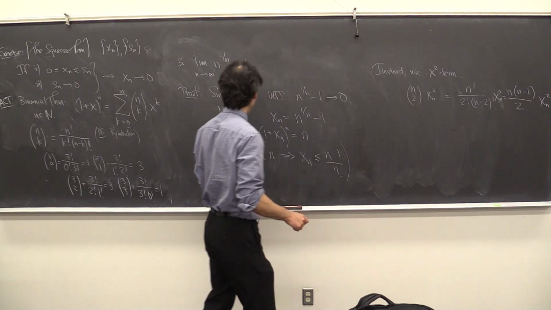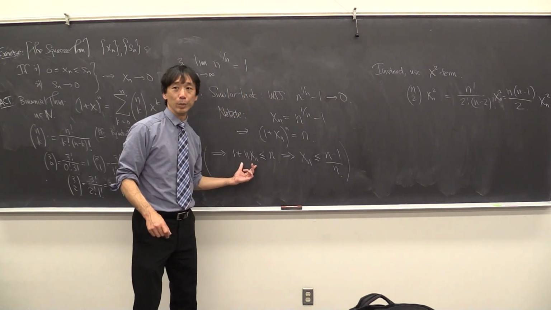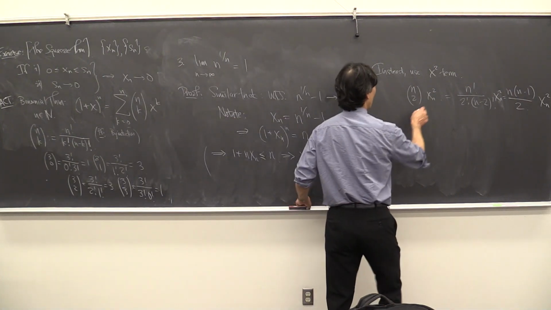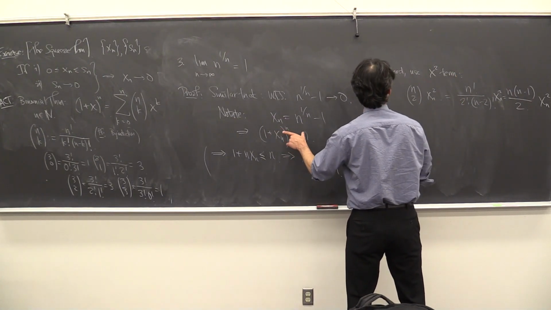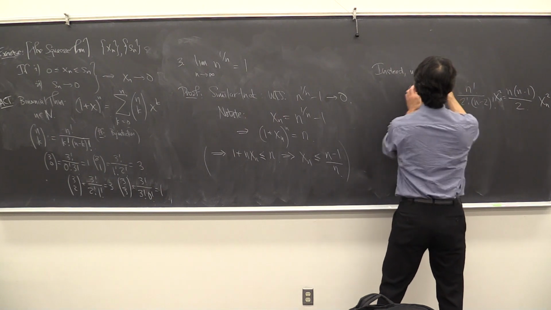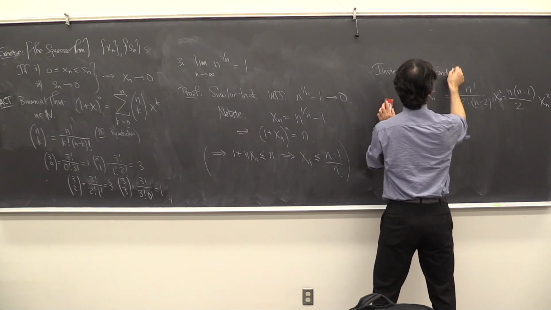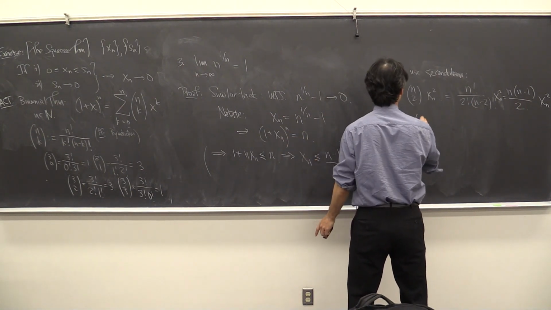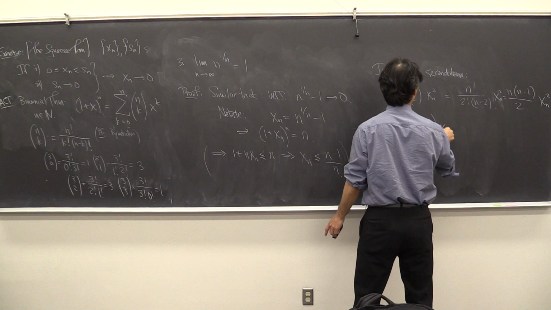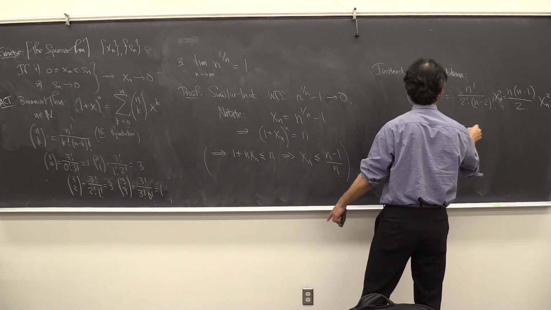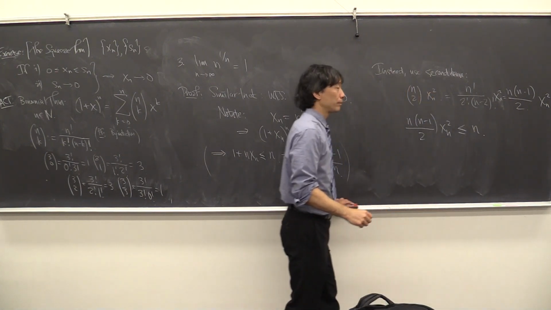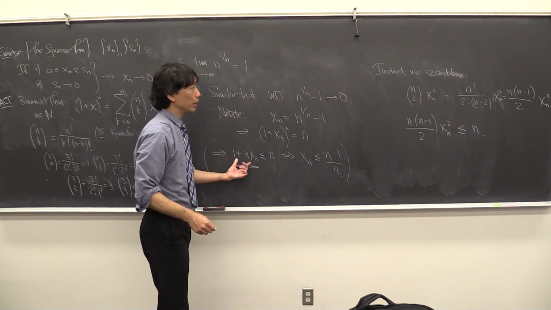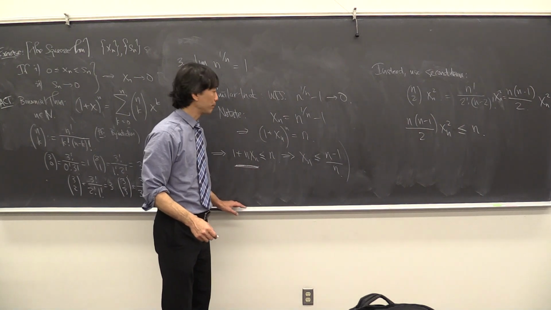Okay, so instead of taking the 0th and the first term, we're going to use the second term. So we get n times n minus 1 over 2 times x_n squared is less than or equal to n. Instead of using these, we're going to use the term right after.